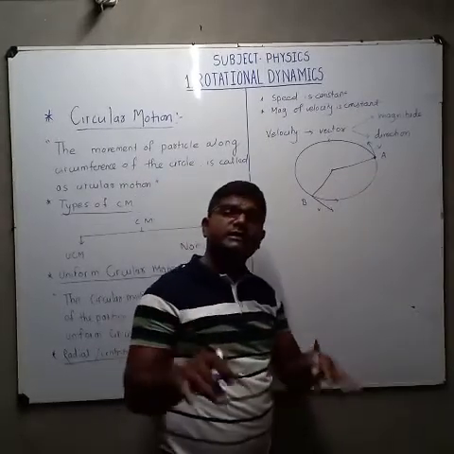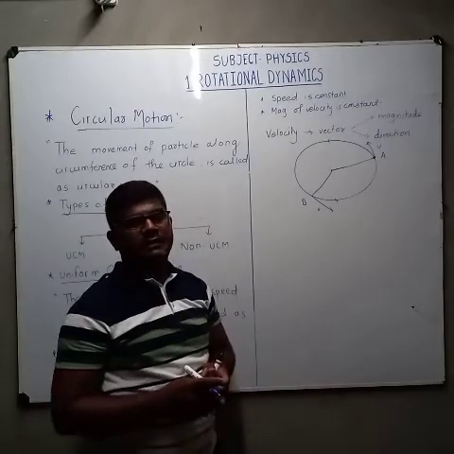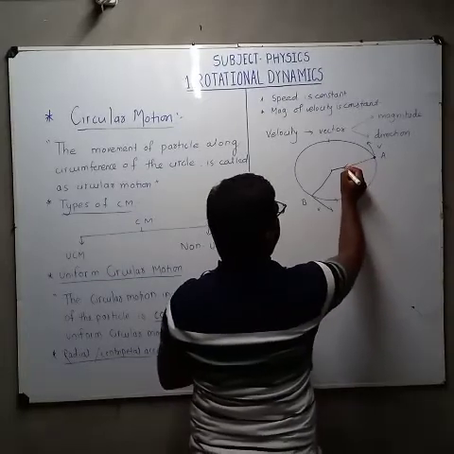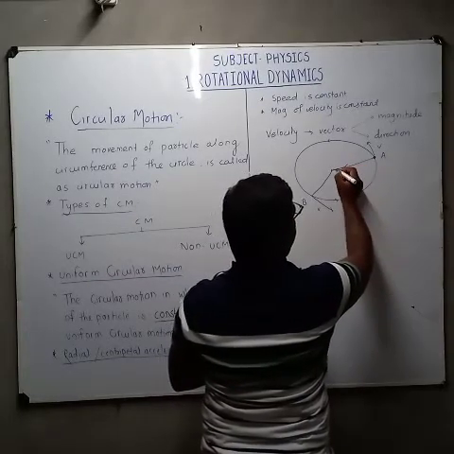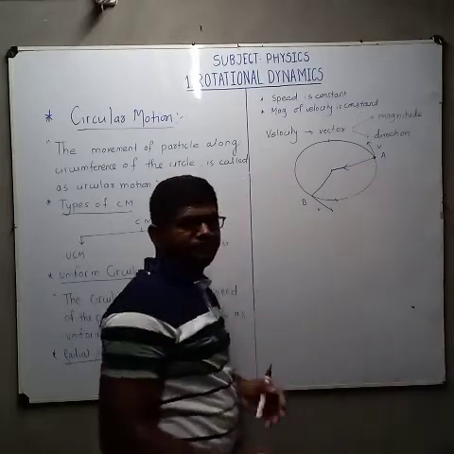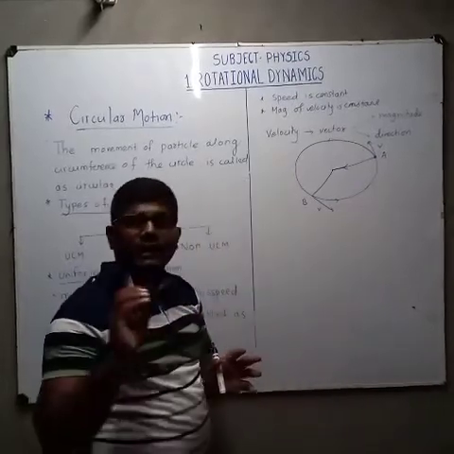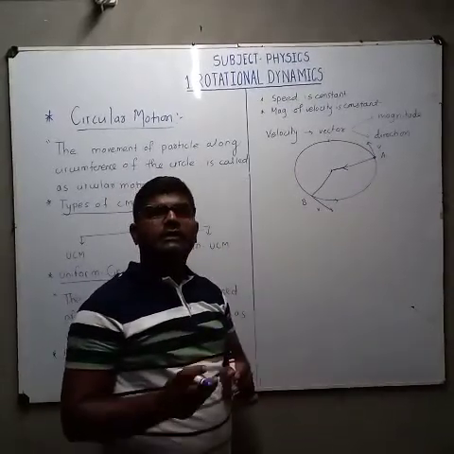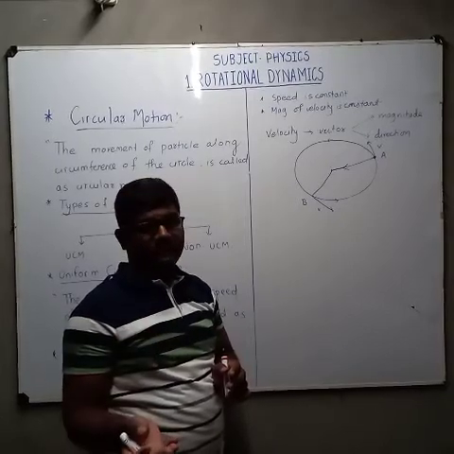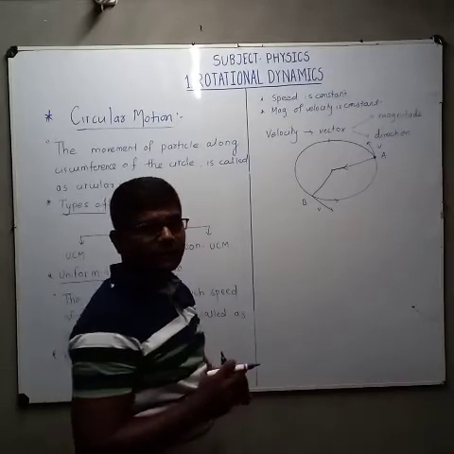Due to change in direction of velocity, acceleration is formed. This acceleration acts along the radius and is directed towards the center, so it is called radial acceleration. It is also called centripetal acceleration.